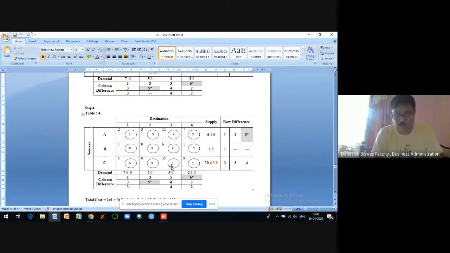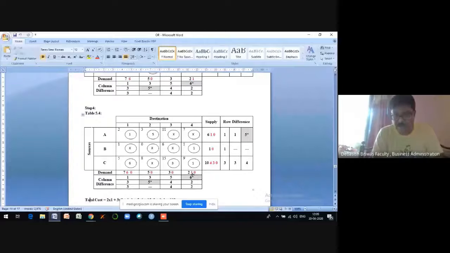Now what are the next 2 elements? 15 and 9. Only these 2 elements. So out of these 2 elements, which one is the lowest? 9. So the supply is 4 and the demand is 1. So maximum we can allocate 1.